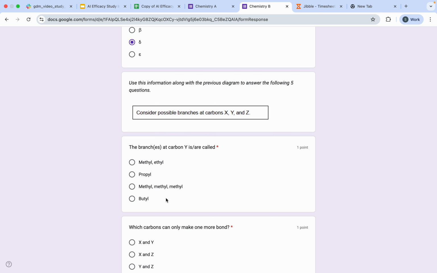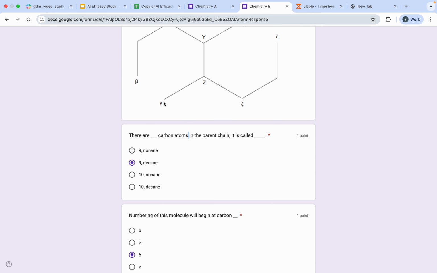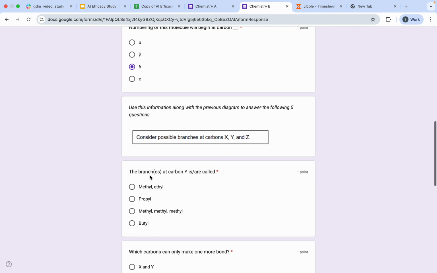So the branches at carbon Y. So here, yes, Y. It has only one strand. So I think I will go for propyl.